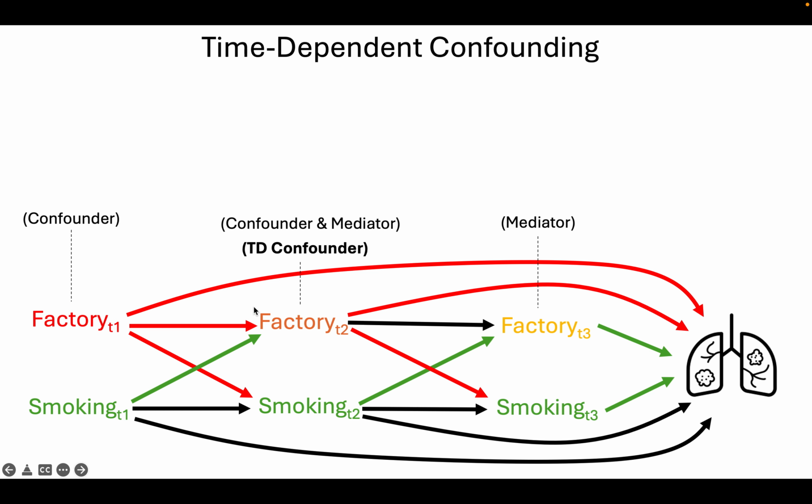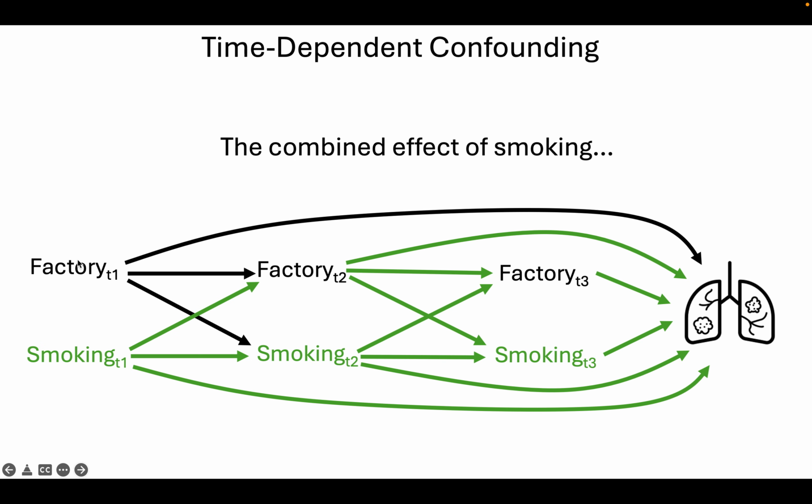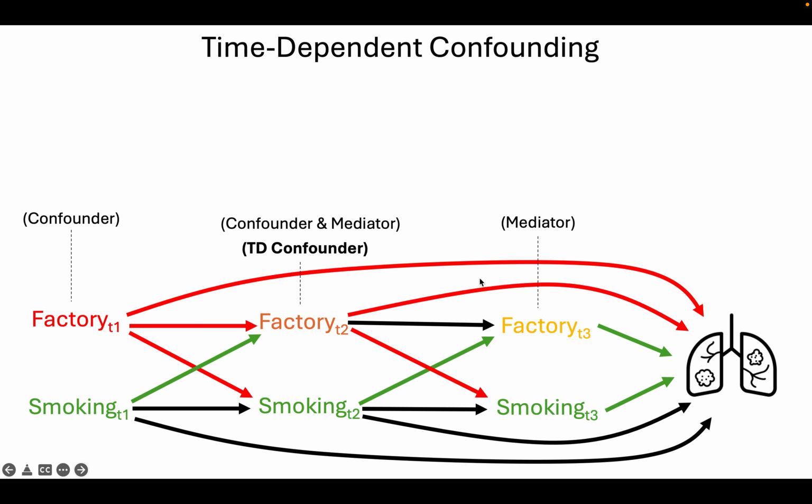This is an explanation of how each of these versions of factory is influencing the results. So factory 1 here is just a simple confounder. It is causally related or at least associated with smoking at time 2 and has an independent relationship with the outcome. So it's just a simple confounder.